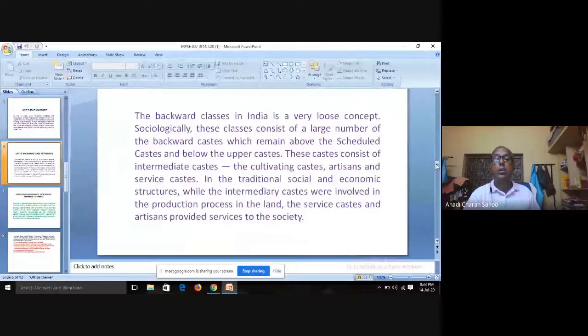These castes consist of intermediate classes, agriculturists, artisans, and service castes. In the traditional social and economic structures, while the intermediary castes were involved in the production process in the land, the service castes and the artisans provided services to the society.